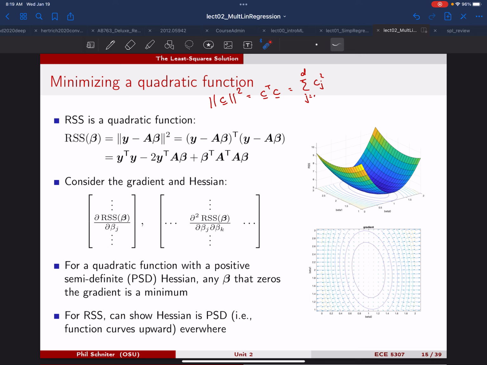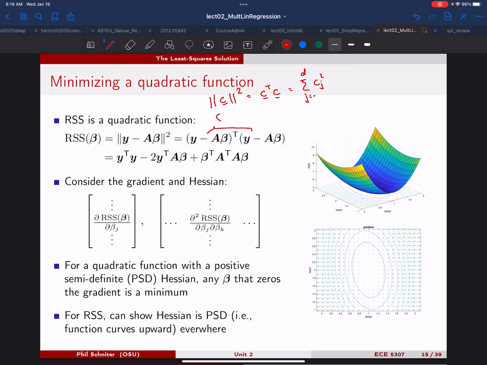Now we have something in a more algebraic form, and we can expand this quadratic, so we get y transpose times y. That's the first term. Then we get y transpose times negative AB. And then we're going to have another one. Let's work out this term in more detail.